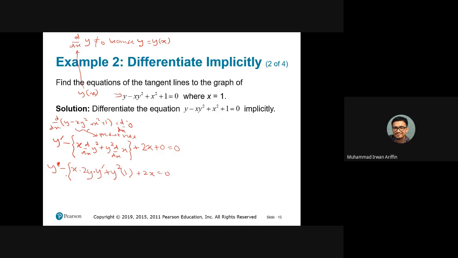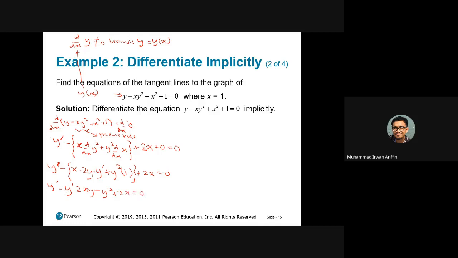Now open the bracket carefully. I forgot to close this bracket. So y prime minus, now rewrite everything: y prime, and then this is 2xy. This is plus, this is minus. So we have minus y squared plus 2x equals 0.